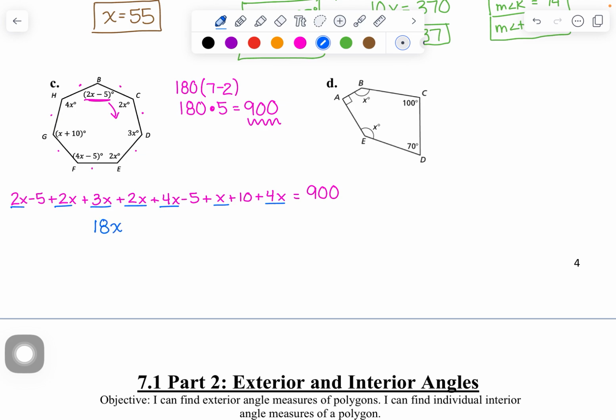Don't forget the x on that. -5 and -5 is -10. Plus 10 is 0. Do I really need to write plus 0? No. It's just 18x equals 900. Divide by 18, and x is 50.